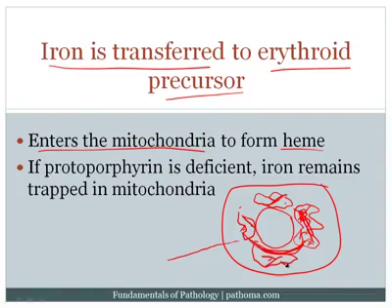And as they become loaded with iron, that's going to create a ring of iron-loaded mitochondria around the nucleus of the cell. And that creates the classic cell that's seen within sideroblastic anemia, which is called a ringed sideroblast.